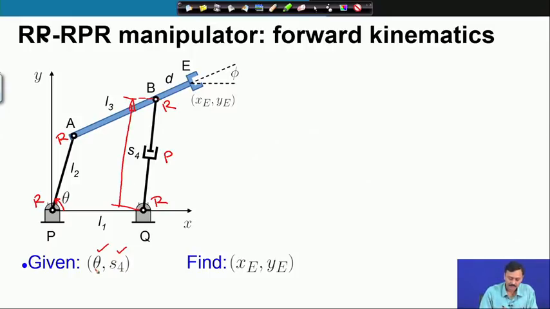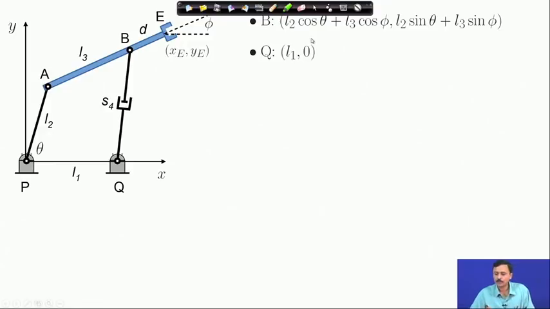So, we are given theta and S4, these are to be actuated, we have to find out XE and YE, which are the coordinates of the end effector point. We have to find this in the forward kinematics problem. So, let us look at how we go about doing this.